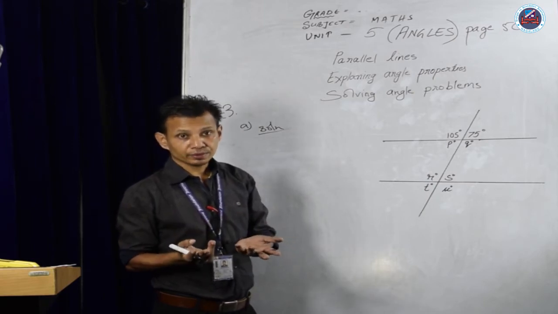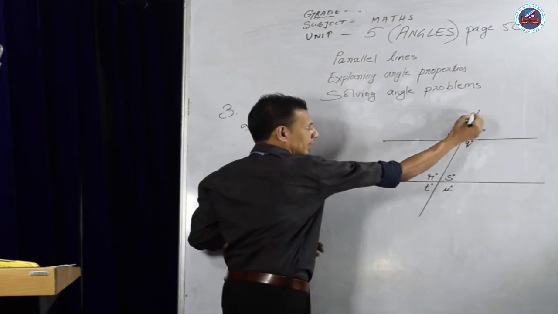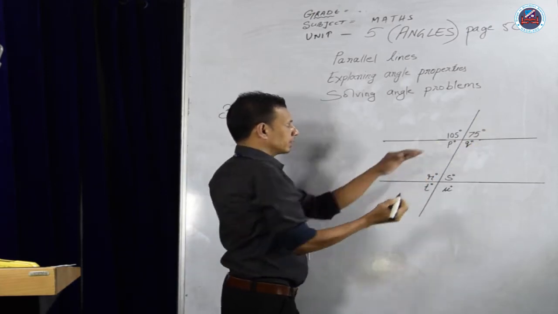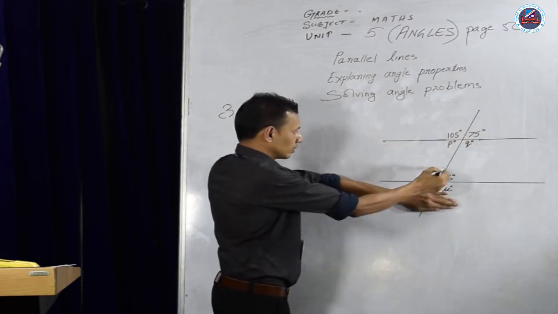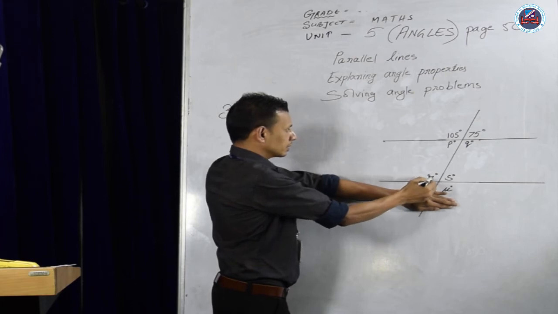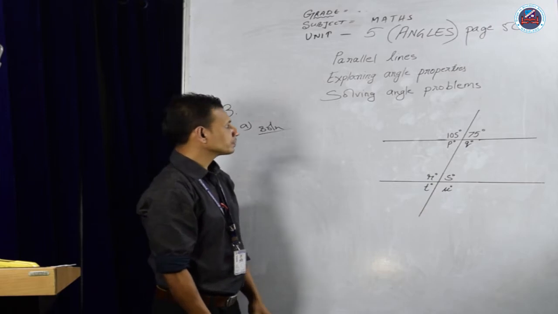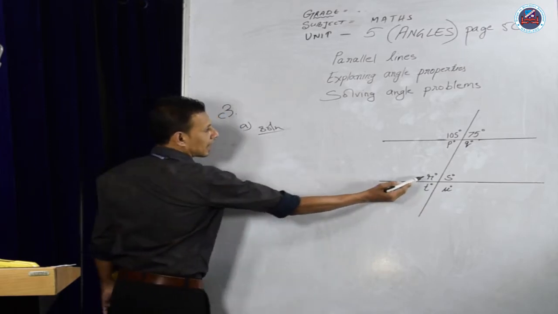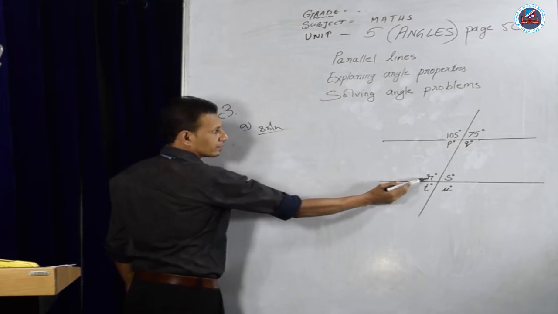How? I have explained it, right? If you cover this, you see that one line and one line can be same. And when you cover this, it is also same. So that's why these are corresponding angles. So here, R and 105 are same. That means R is also 105.